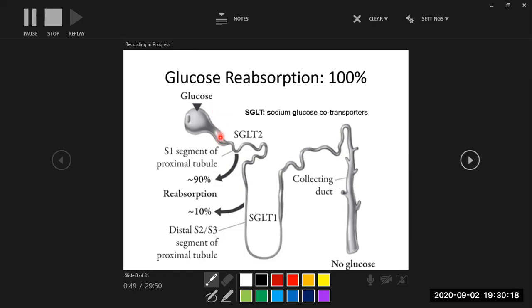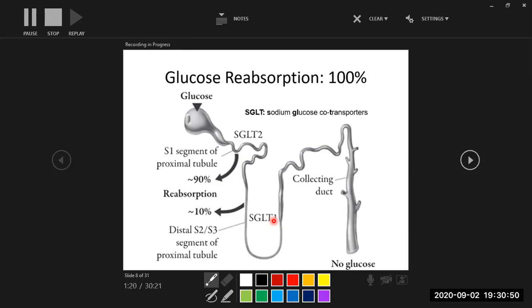Now, this glucose is reabsorbed through two channels. The sodium glucose cotransporters SGLT2 and SGLT1. Okay, so you need to memorize that. You already know that we talked about that. This glucose reabsorption is conducted by the co-transport of sodium.